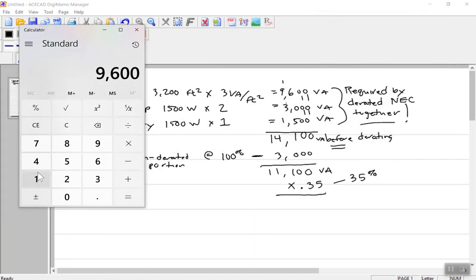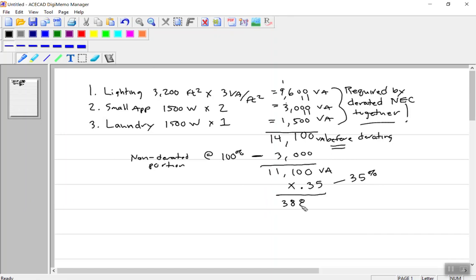So we have 11,100 times 0.35, and we get 3,885. This 3,885 volt amperes is our derated portion. Now we need to get the non-derated portion from up here and add it to our derated portion down here.